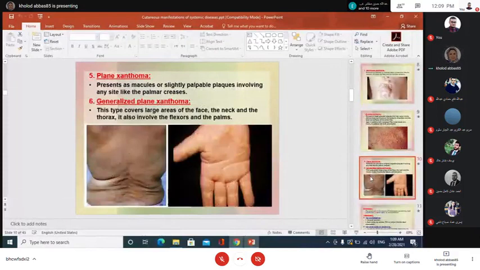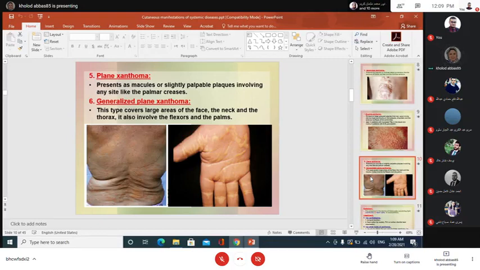Number 5, or the fifth type, plane xanthoma. Clinically, it looks like plain or flat-topped plaques or macules or slightly palpable plaques involving any site of the body, for example, the palm.